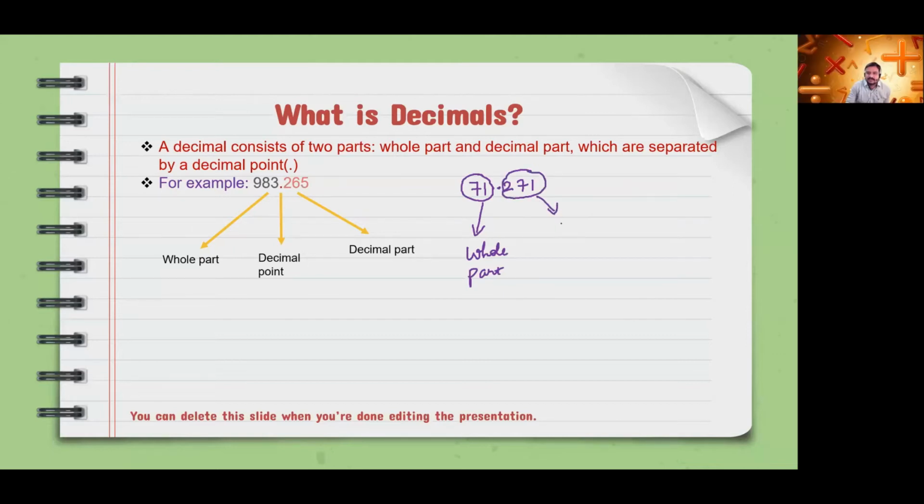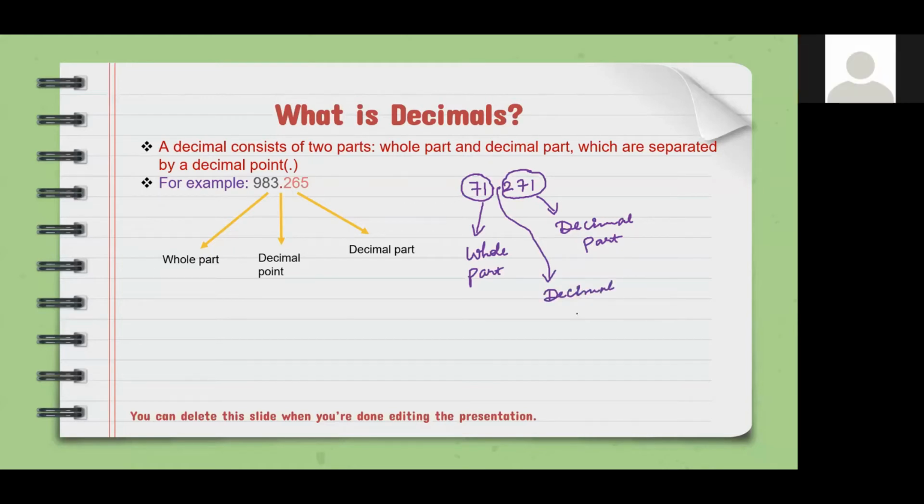So whenever a decimal value is given to you, you should be able to identify the whole part, decimal part, and the decimal point. Is anyone having any doubt till here? Okay. We'll move forward.